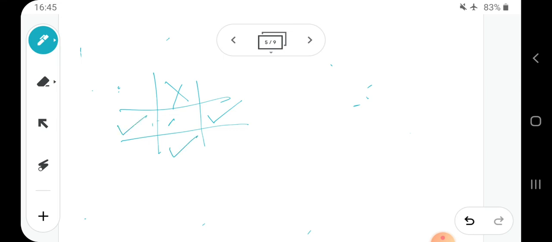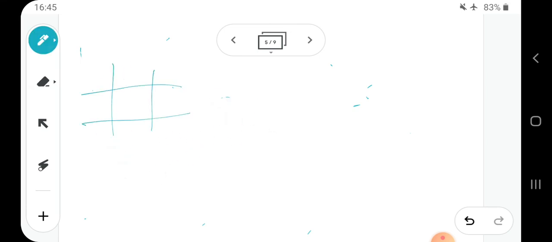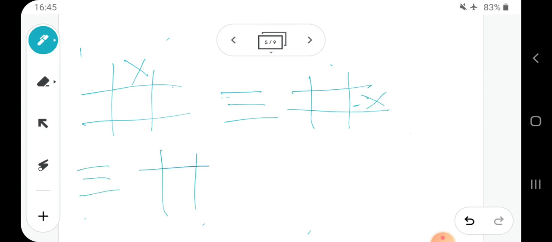So in a tic-tac-toe game, if a player desires to mark over here, that is similar to marking here, also similar to marking here, and also similar to marking here.